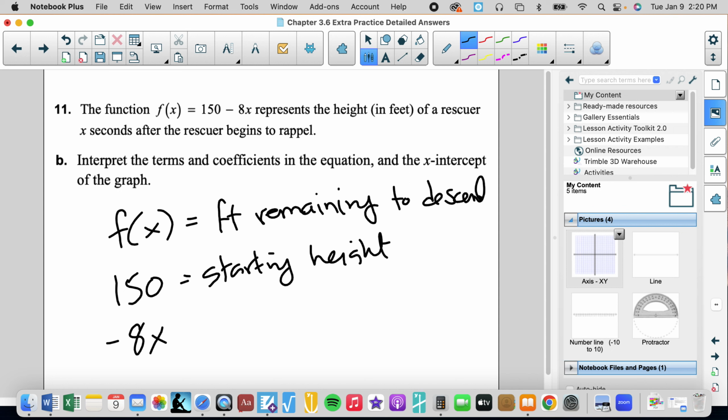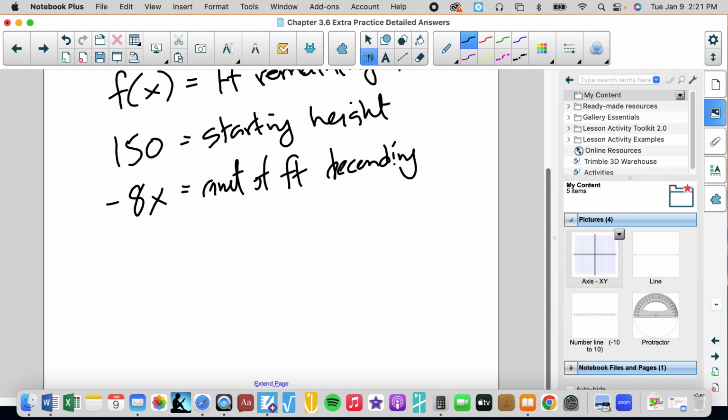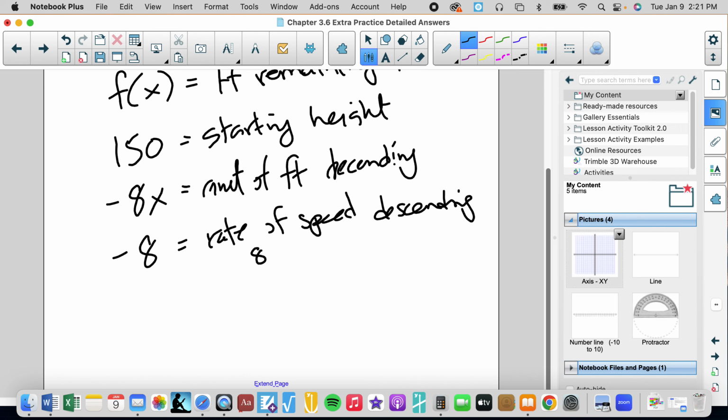Negative 8x is the amount of feet descending. And we can even break that down a little bit more. Negative 8 is the rate of speed descending. It's descending at 8 feet per second, and x equals the number of seconds.